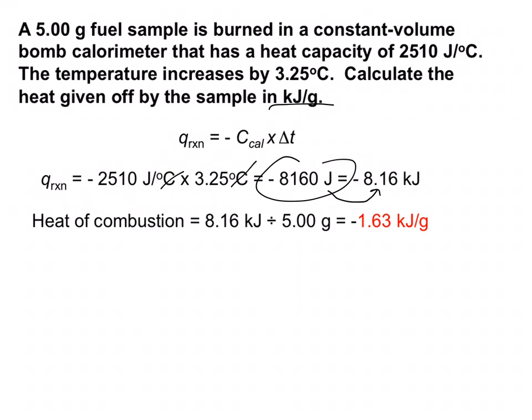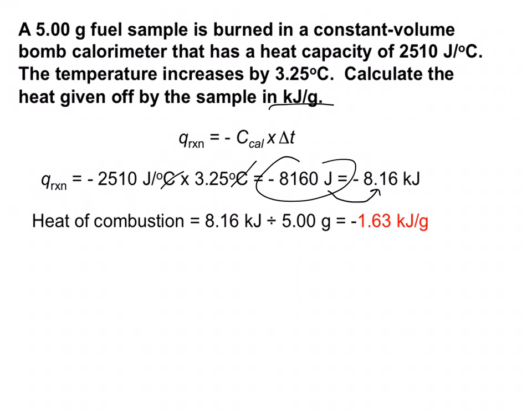Now they want us to calculate the heat given off for this reaction. This is a heat of combustion because we've combusted a fuel, but they want it in kilojoules and grams.